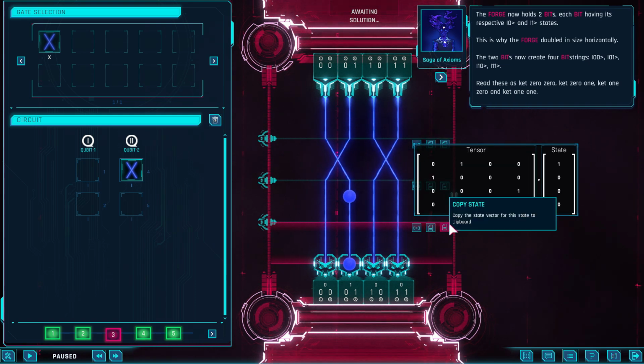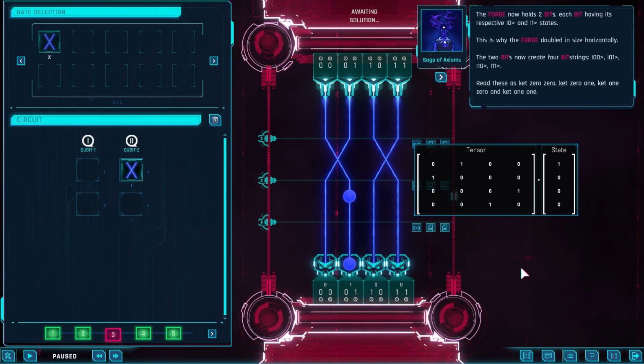In this case, the tensor is the way that this is set up. We're only affecting the tensors in the second qubit.